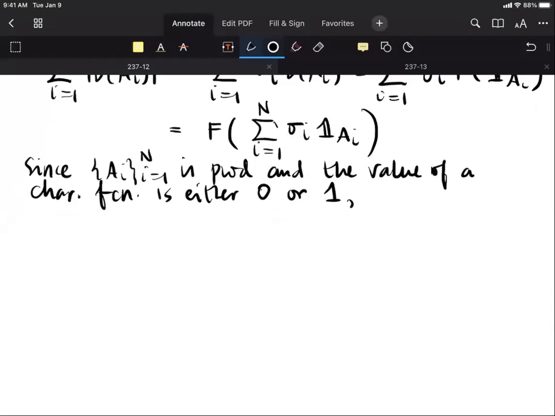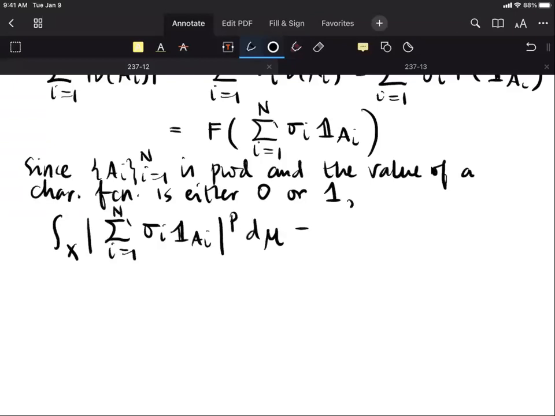This implies that the integral d mu of this function is the same as the integral of the sum, but now without the sigmas, because here take note that we have the absolute value.